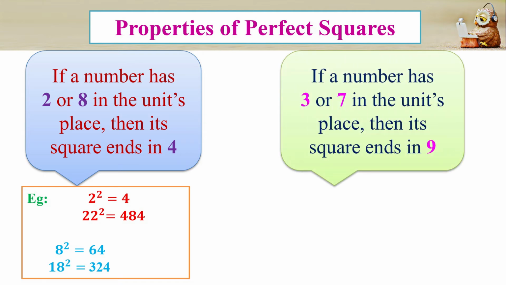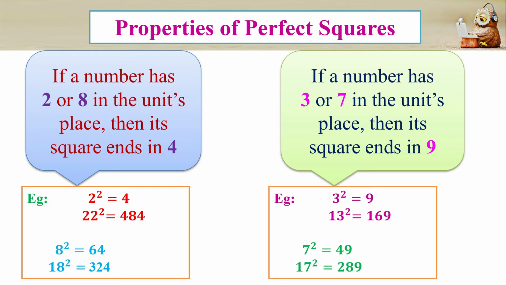Next, if a number has 3 or 7 in the units place, then its square ends in 9. For example, 3 square is equal to 9, 13 square is equal to 169, 7 square is equal to 49, 17 square is equal to 289.